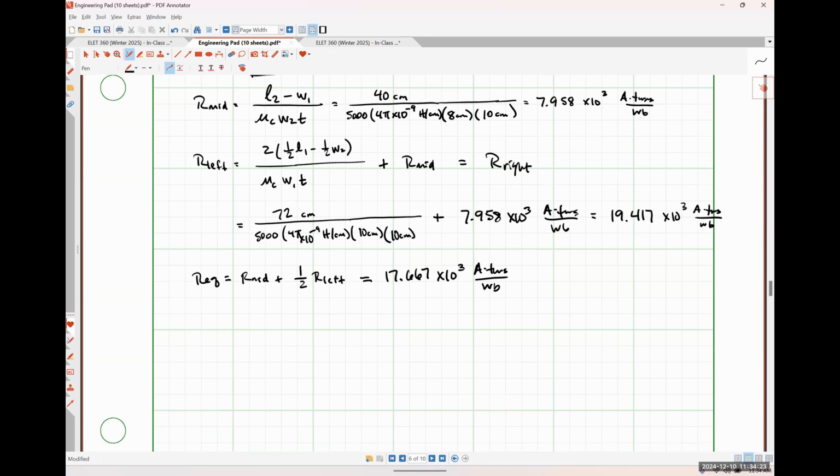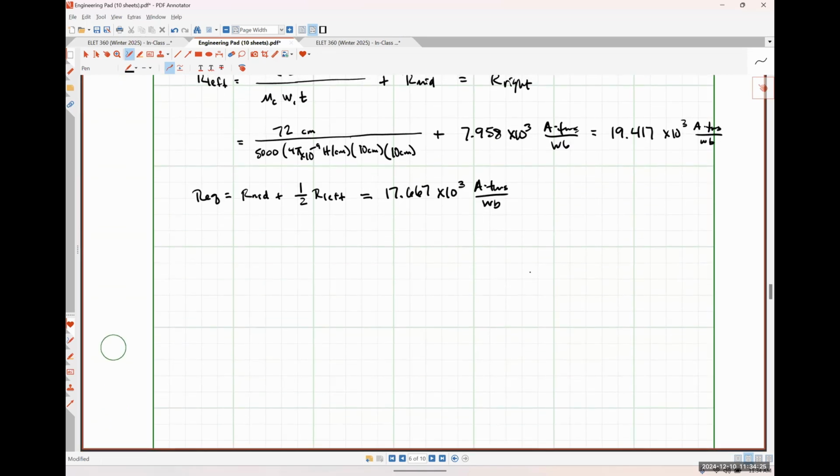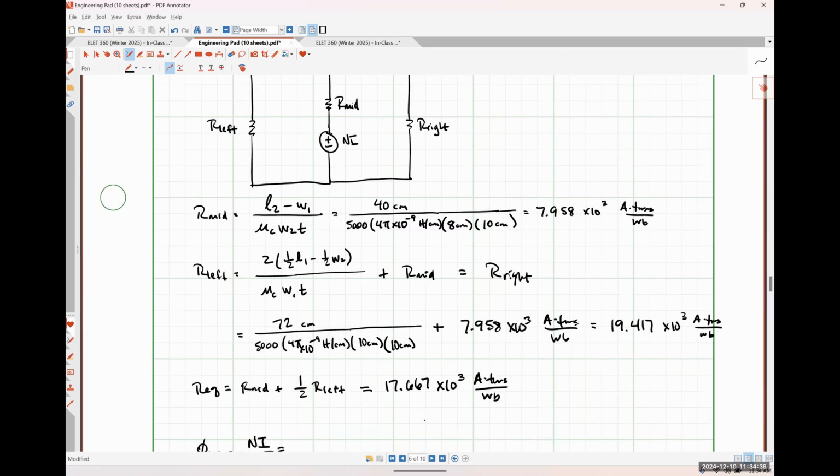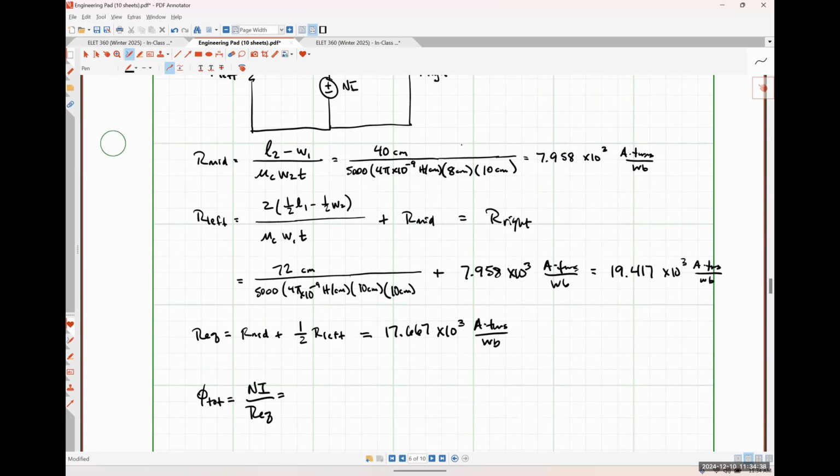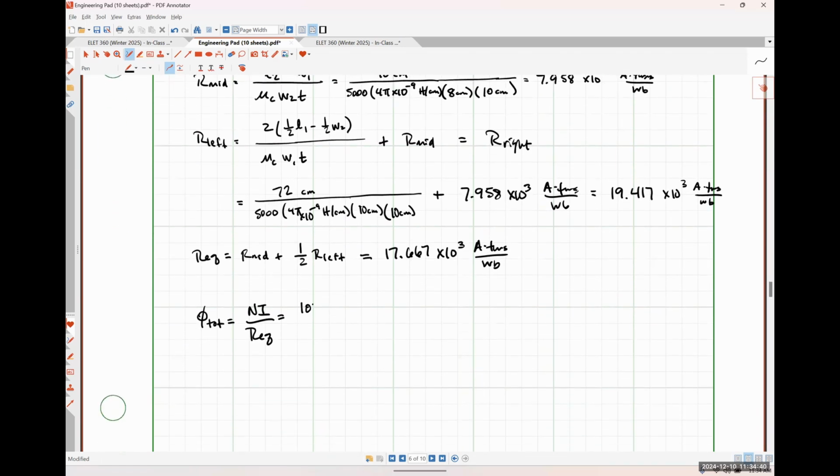So phi total should just be Ni divided by my equivalent reluctance. So N was 100 turns, 10 amps, over 17.667 times 10 to the 3 amp turns per Weber.